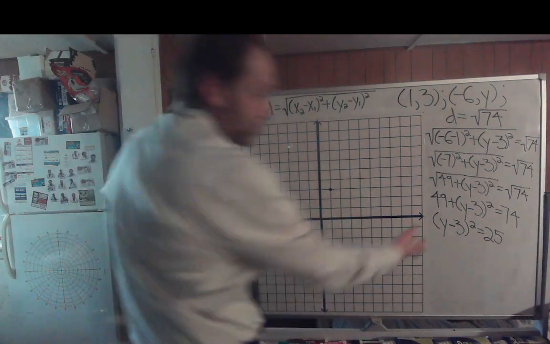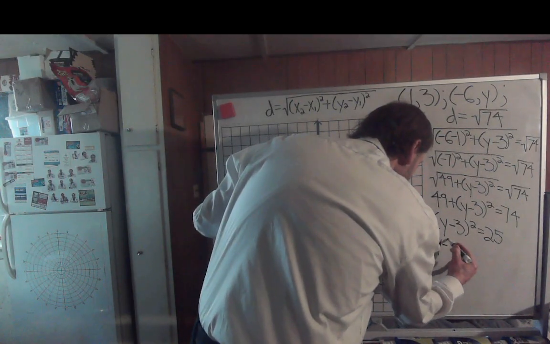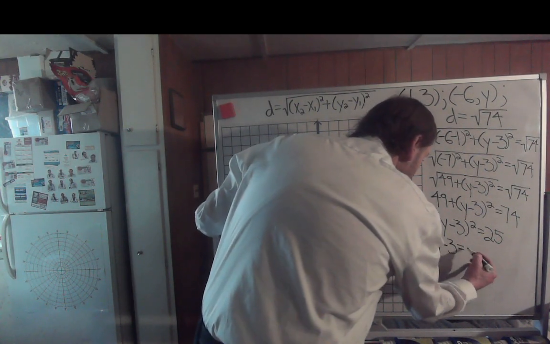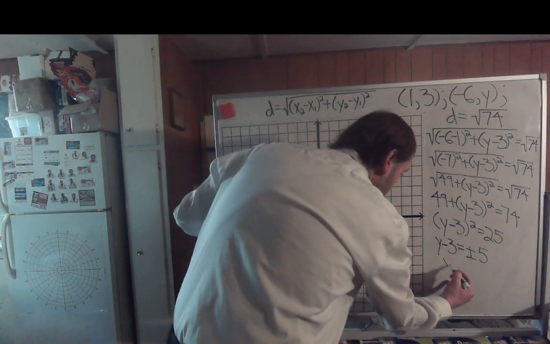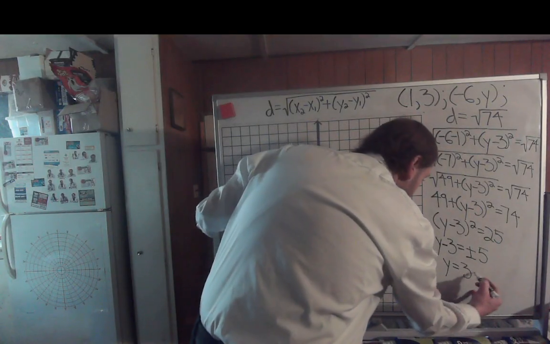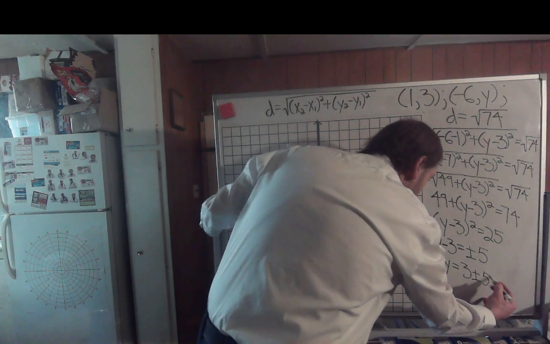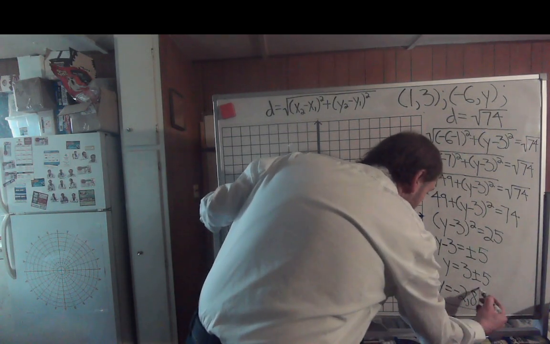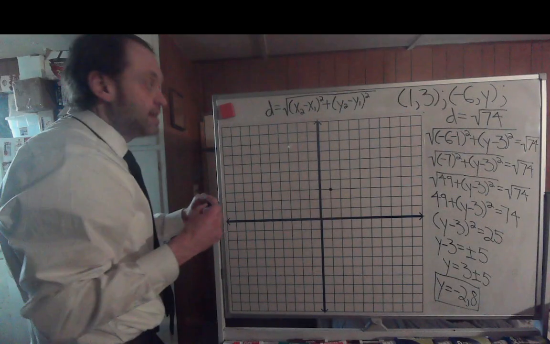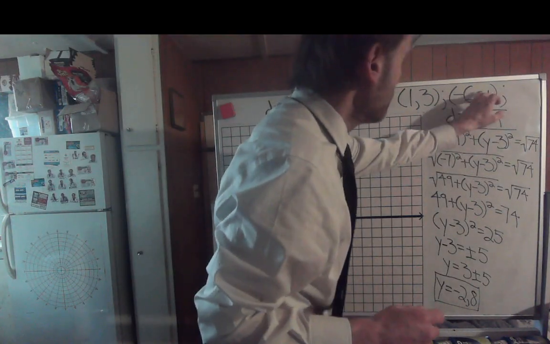Now we got a quadratic. We take the square root of both sides. You get y minus 3 equals both plus and minus 5. So y equals 3 plus and minus 5. That means your two solutions for y are either going to be negative 2 or positive 8. So you have two solutions for y.